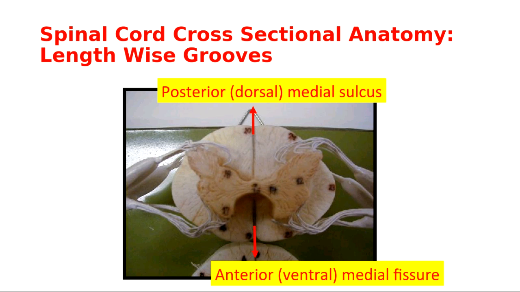All right. So first thing is to know what is front, what's anterior, what's posterior. The gray matter of the spinal cord is this butterfly-looking structure in which the tips of the wings are going to be posterior and the more rounded parts are going to be anterior. So anterior or ventral versus posterior or dorsal.